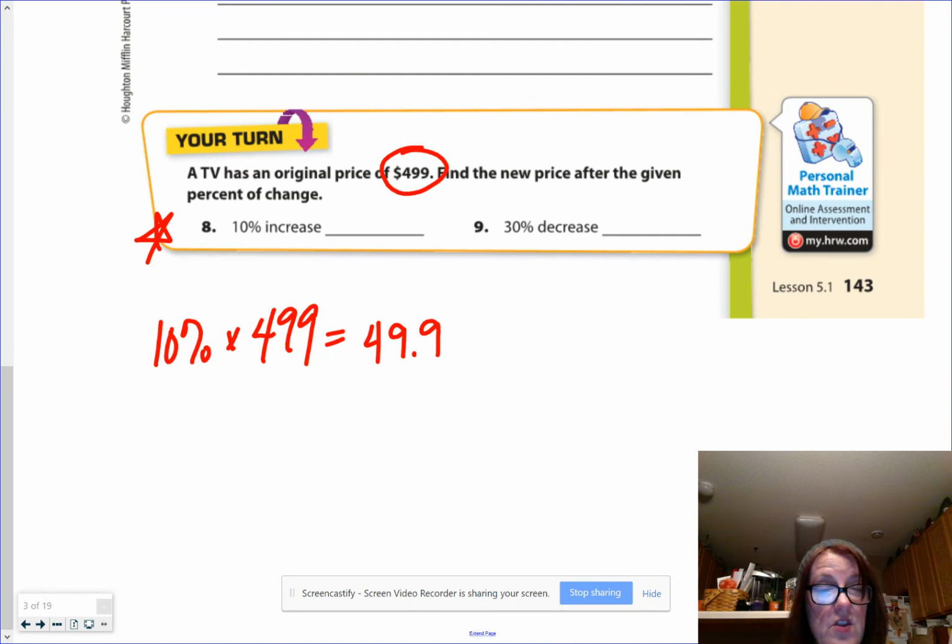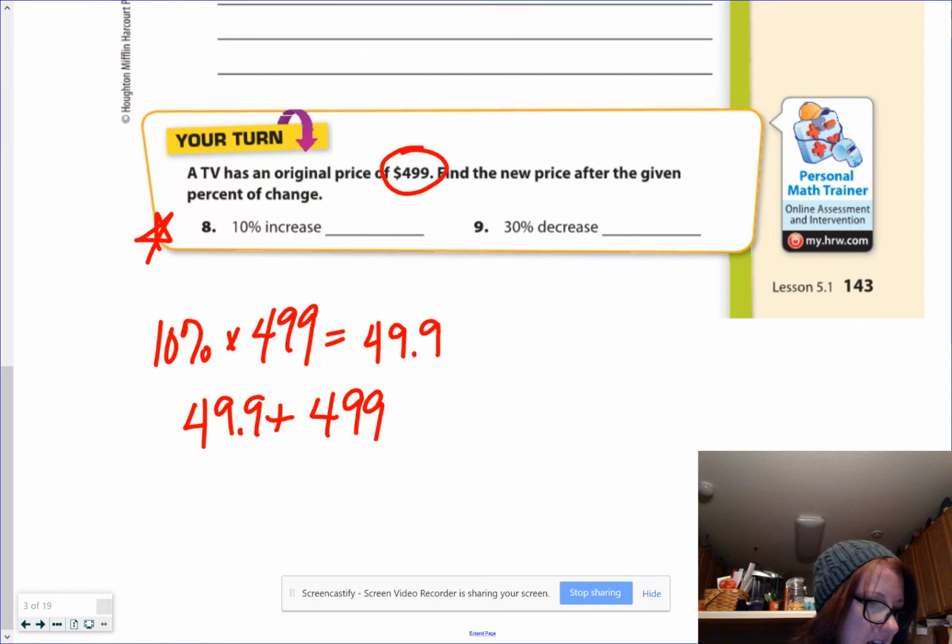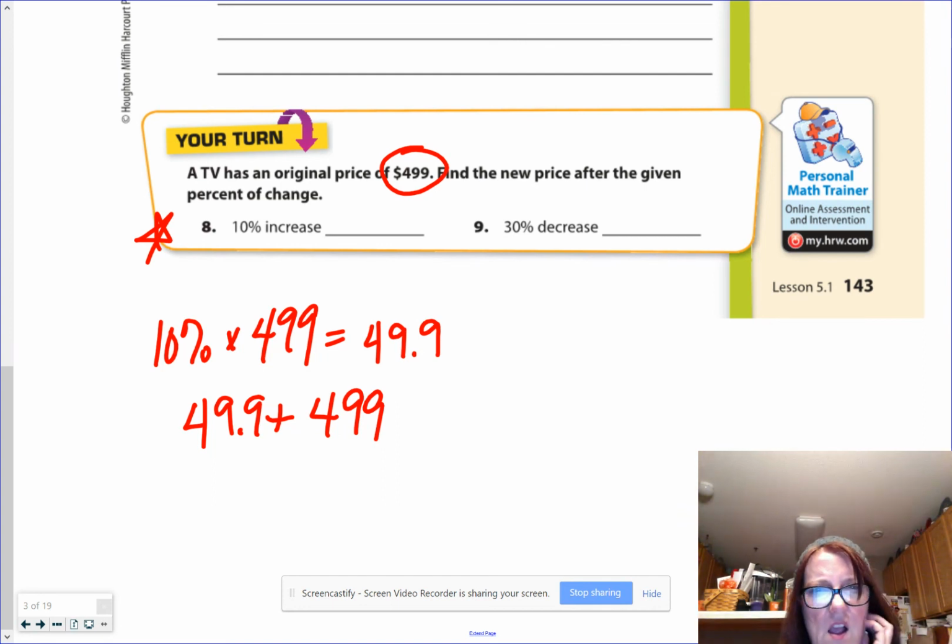Now, that's just the amount that it's increasing. So we need to take 49.9 and add that to 499. So when you get that, now my grand total, after the price went up on this one, looks like it's $548.90.